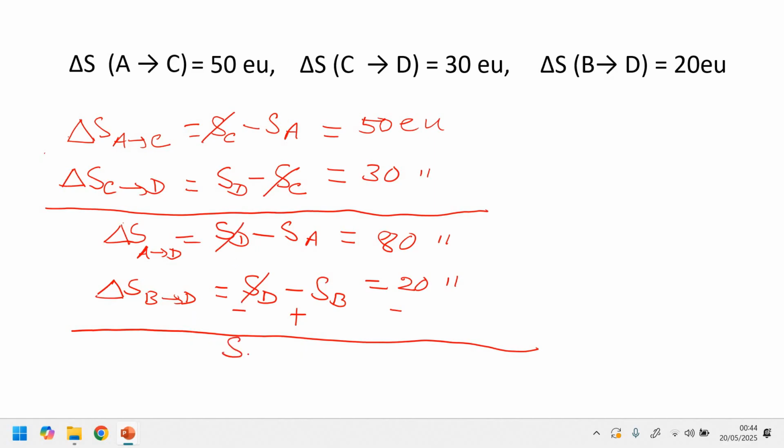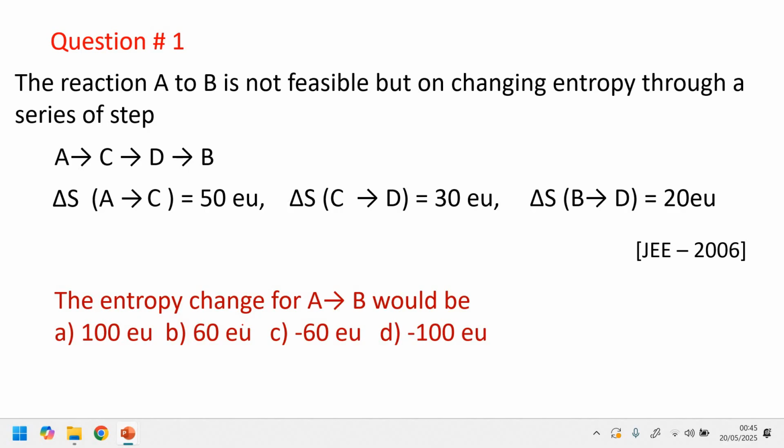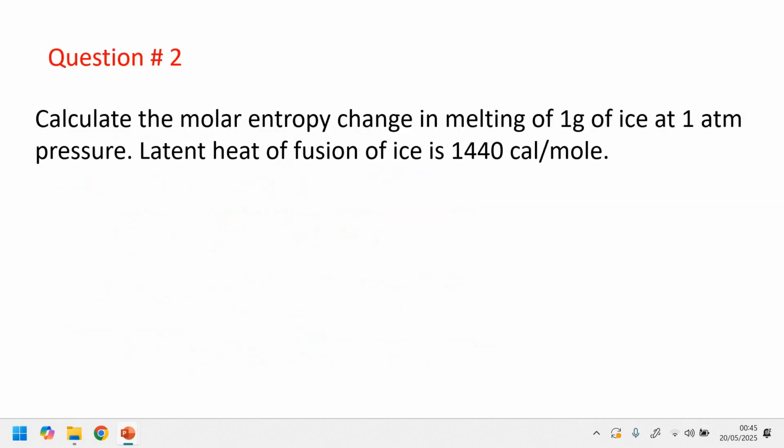So it is SB minus SA, which is equal to 80 minus 20, that means 60, and that is final minus initial. So the entropy change for A to B, the answer is 60 entropy units. Let's see the options. Here 60 entropy units means option B is the correct option. Right? Okay. Now we go to the next problem.